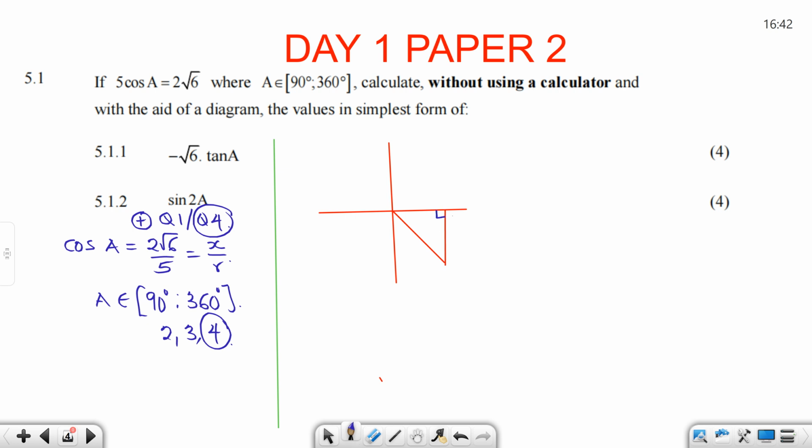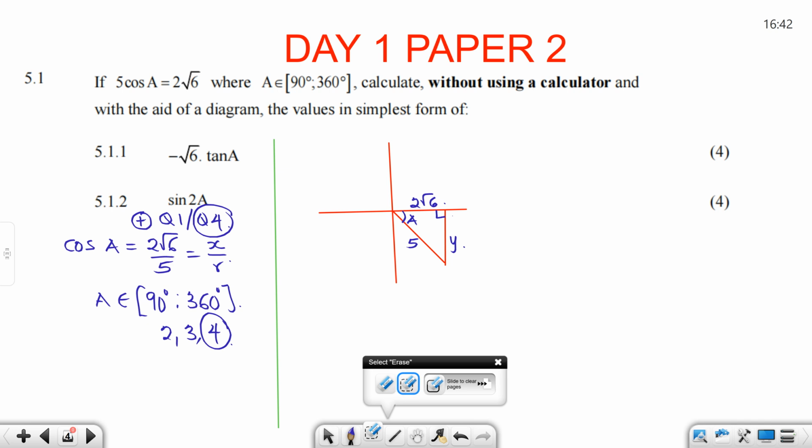And what type of triangle? Right angle, and that is your A. X over R, it makes sense. My X is, and my R is, what is missing? Now, how do we get the value of Y? Theorem of what?